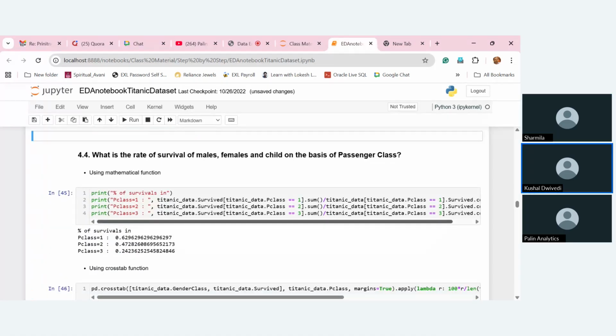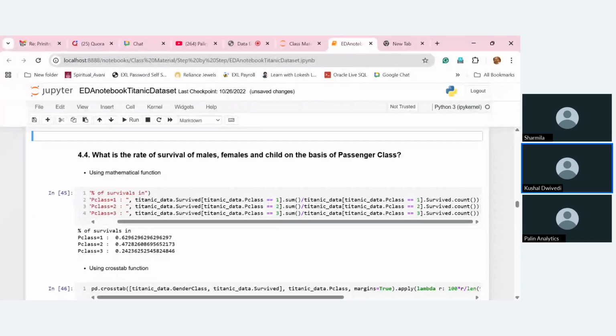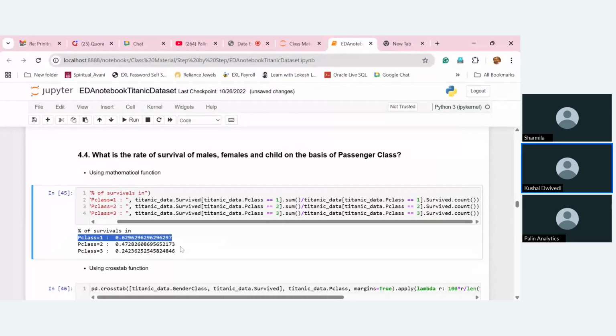Now there is the rate of males, females, and children based on the passenger class. In passenger class, if we see the survival chances class wise, passenger class one, the highest class, has a 62.9% survival chance.